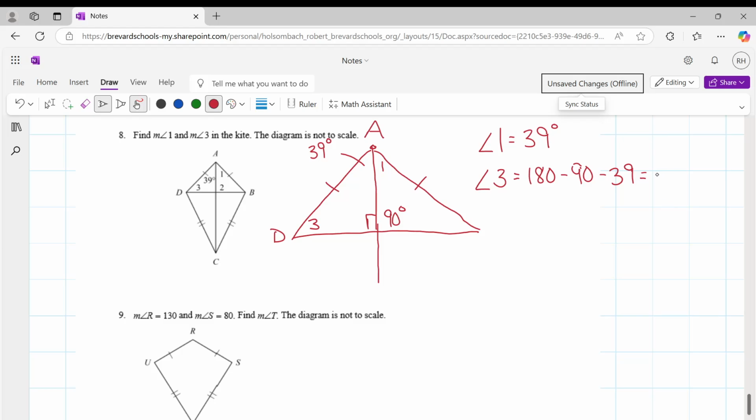So 51 degrees. Angle 1 is equal to 39, angle 3 is equal to 51. One of the keys there being that diagonals of a kite are perpendicular.